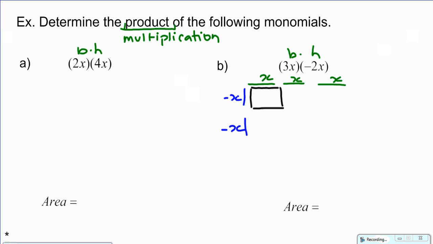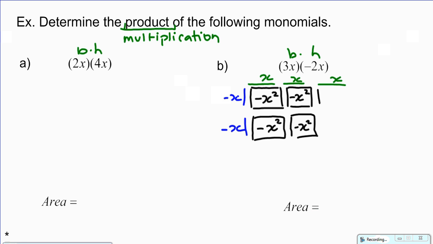Well, if we keep in mind our sign rules for multiplying, opposite signs make a negative, so positive times a negative gives us a negative x squared. Basically, they all end up being negative x squared.